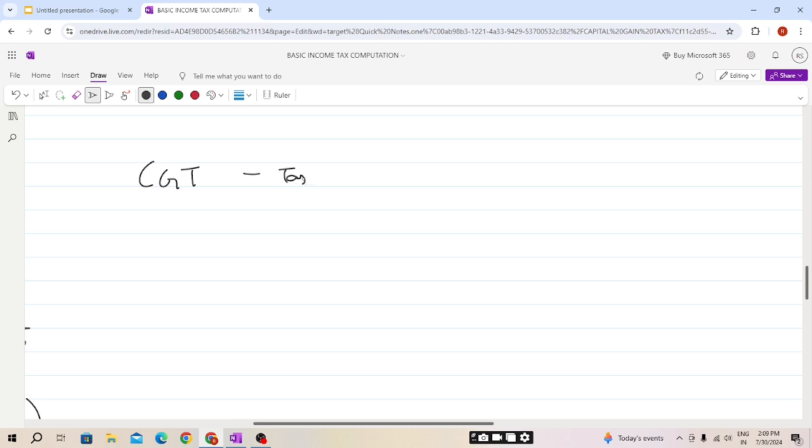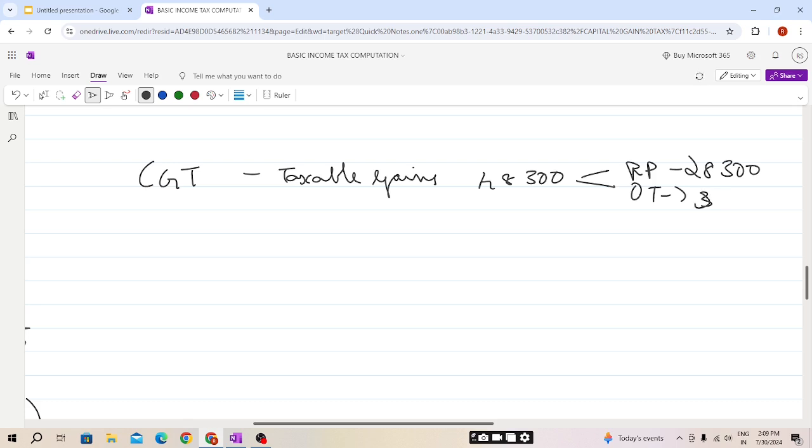Capital gains tax is calculated on the taxable gains, students. The taxable gain is 48,300. Now this includes residential property gains and other gains. Residential property is 28,300 and the other gains is, students, 20,000. I hope this point is clear.